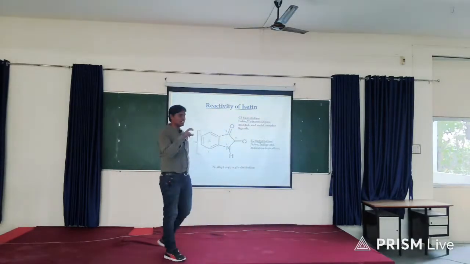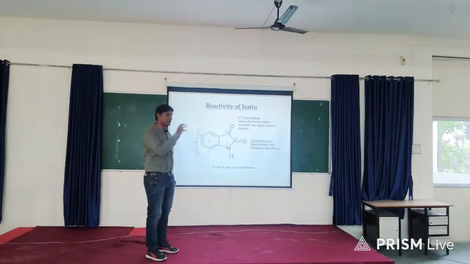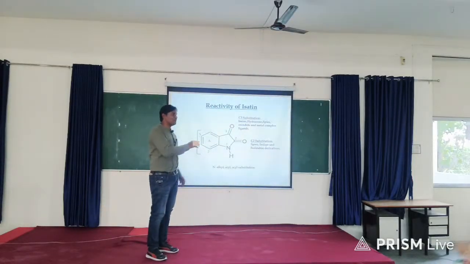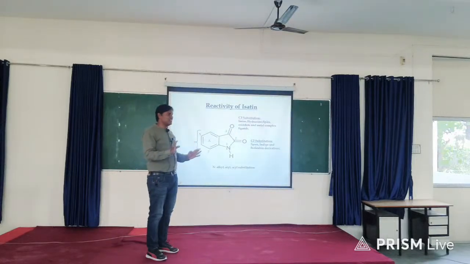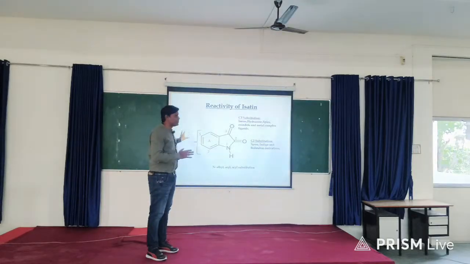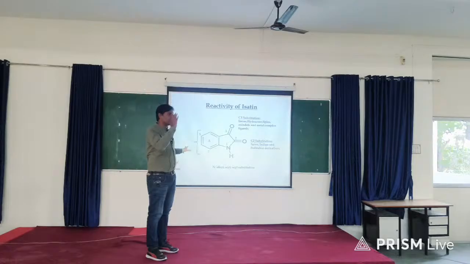Like that you have to identify whether all the sites available for reactivity on the nucleus have been exhaustively studied or not. If they are exhaustively studied, then you can go for another type of problem, right? Suppose all sites have already been reported, then you can think of different types of derivatives, different electron withdrawing groups, electron donating groups.